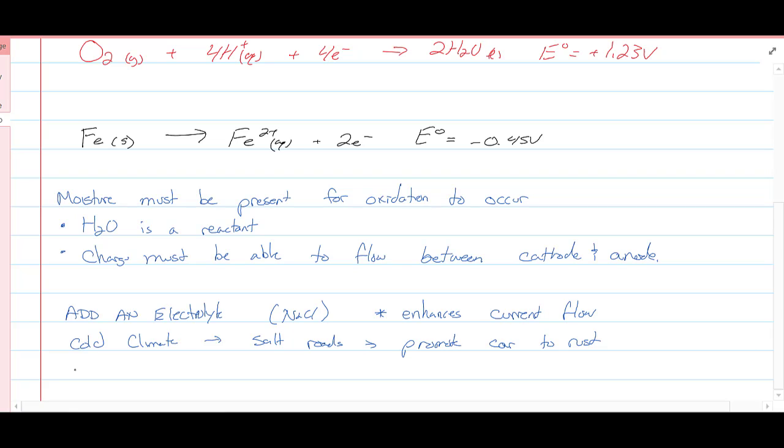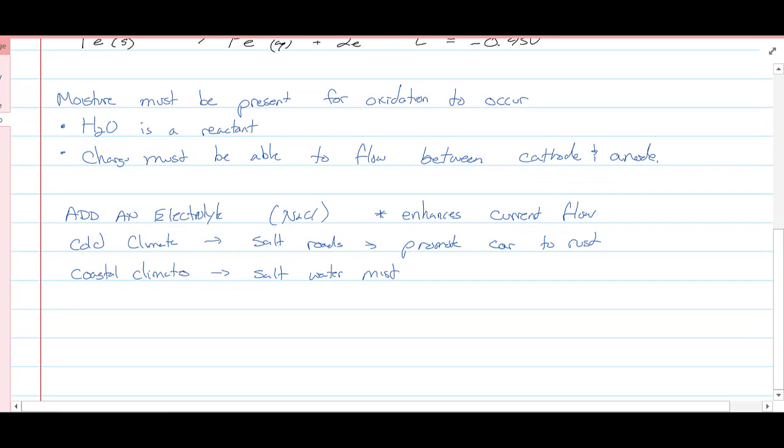A lot of times in coastal climates, there's salt water mist. So that means things around will rust, whether it's your car, whether it's metal near the beach. This happens. All right. Acids help promote rusting too, because if it's acidic, acids help promote rusting.